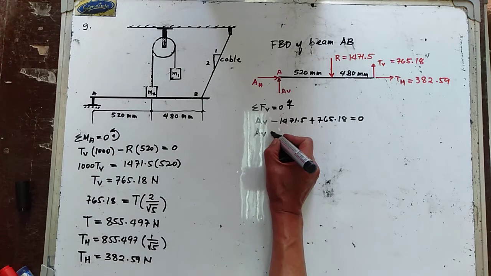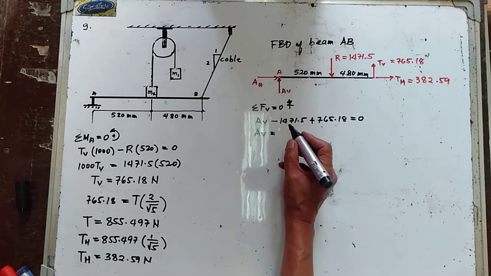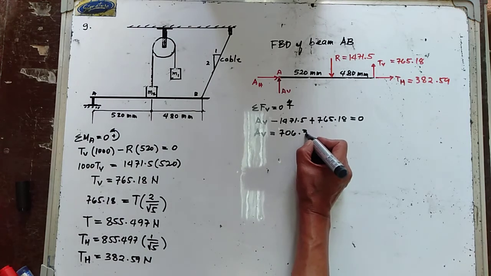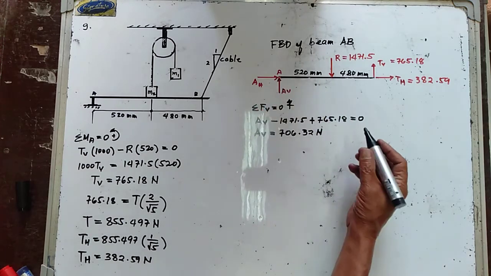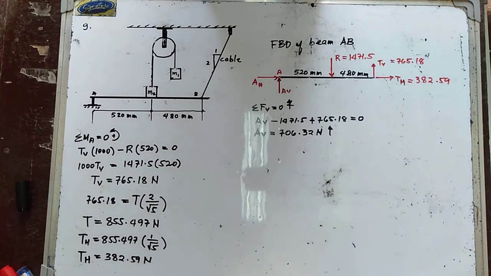Hence, A vertical is now equal to 706.32 newtons. We get a positive value, hence the assumed direction is correct, and therefore that is going up.